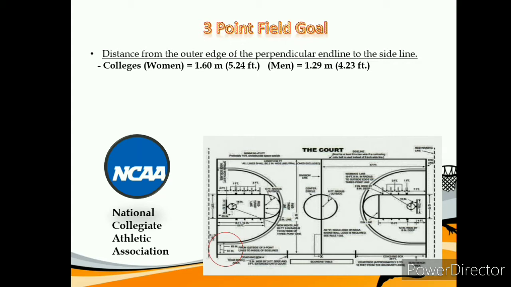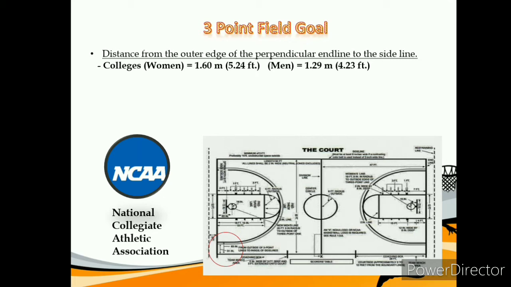In the Philippines, we also have NCAA, including the sport of basketball, where 10 of the private colleges or universities in Metro Manila are competing with each other. And according to what I have observed, the size of their basketball court is mainly based on the rules of the NBA. So the size of a three-point field goal in NCAA can be divided into two measurements, the men and women court.